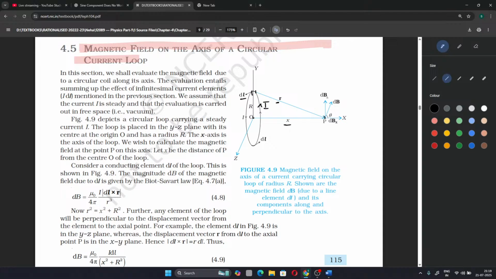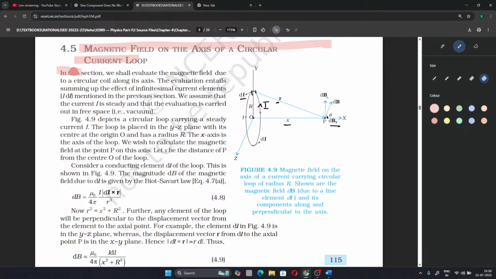The direction of the magnetic field will be perpendicular to the r vector, so it will be in this direction. This is the perpendicular sine component of the magnetic field. This is the cos component, which is dBx.